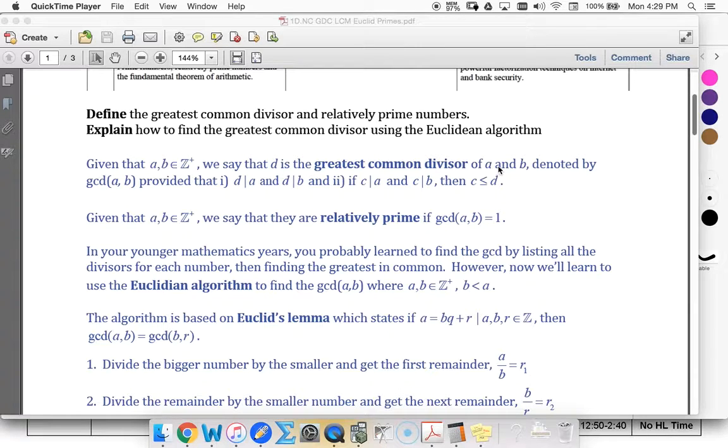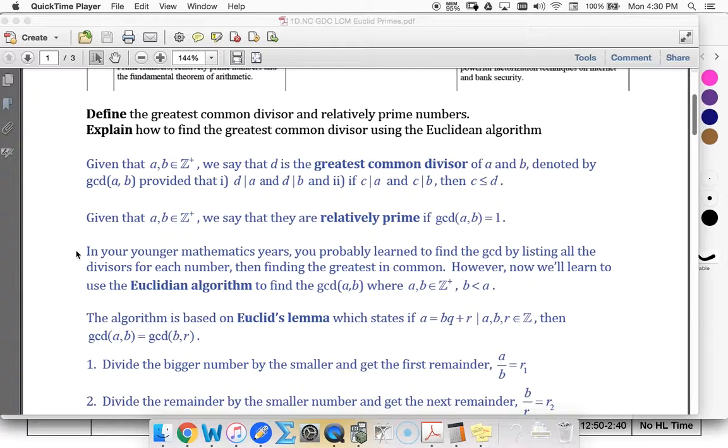So the greatest common divisor of A and B, we use GCD of A comma B. So the way we find that is that if A is divisible by D and B is also divisible by D, then D is our greatest common divisor as long as if A and B are also divisible by some other number C, then it's smaller than D. If our GCD ends up being 1, then we say that our two numbers A and B are relatively prime.